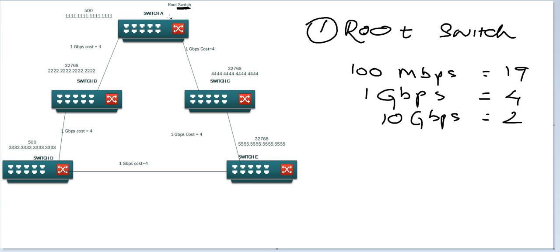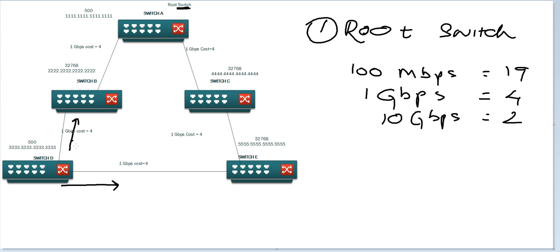Similarly, the cost for switch C to travel to switch A is 4, hence this is going to be your root port. Now what is the cost for switch D to travel to switch A? Switch D has two options. Either it can go in this direction or in this direction. As a matter of fact, switch B also had two options, but I didn't take that example because I wanted to simplify.